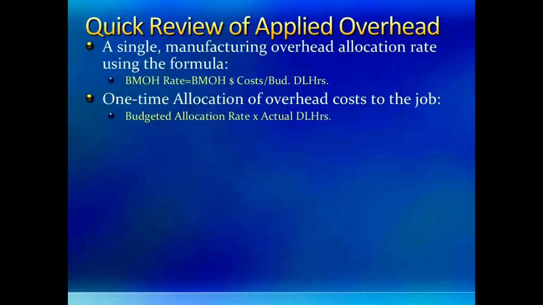So, we divide estimated overheads by estimated activity in the cost allocation base to get a rate. Next, we use this rate to apply overheads to actual jobs or products or patients, as the case may be, to get the final allocation.